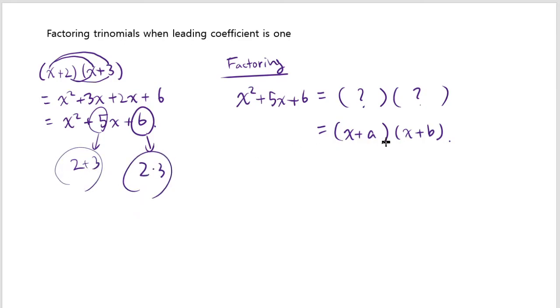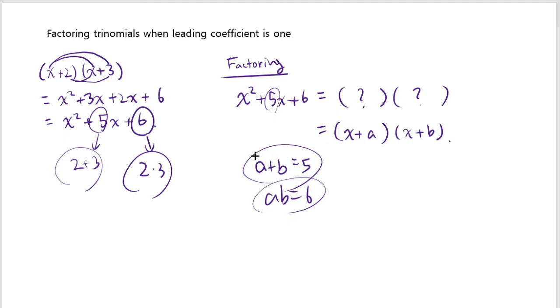So if you have these a and b, then we know that a plus b should equal 5, and a times b should equal 6. And of course, in this case, it's either 2, 3, or 3, 2.